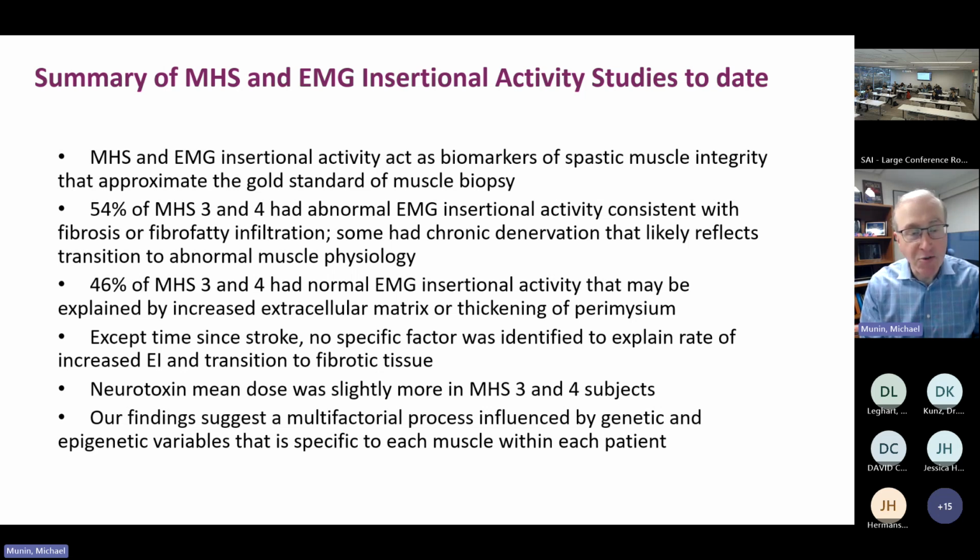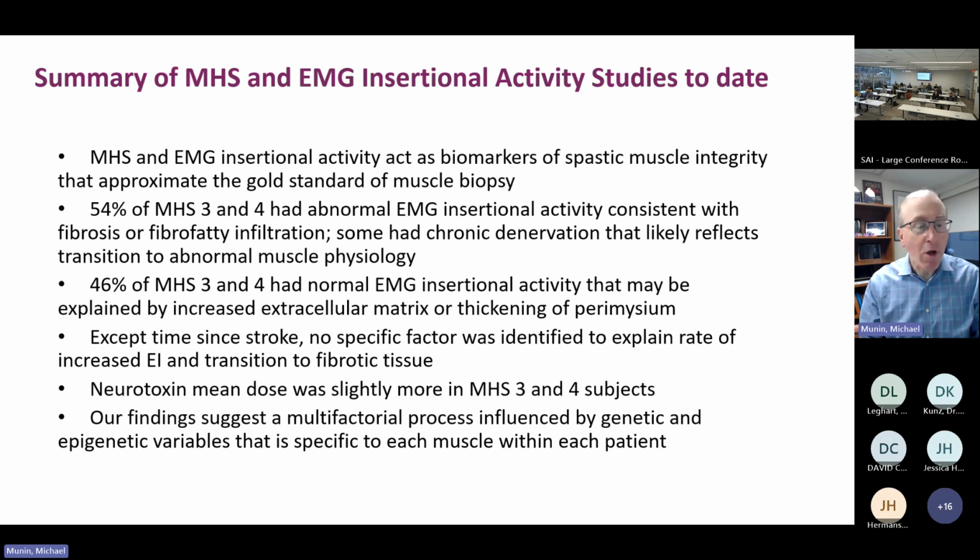Of course, we can't muscle biopsy our patients, but we're getting really great clinical information at the bedside this way. 54% of the MHS 3 and 4 muscles had abnormal EMG insertion activity consistent with fibrosis or fibrofatty infiltration. Some had chronic denervation, like I said, that reflects this transition to abnormal muscle physiology. However, a good percentage of these muscles had normal EMG insertion activity.